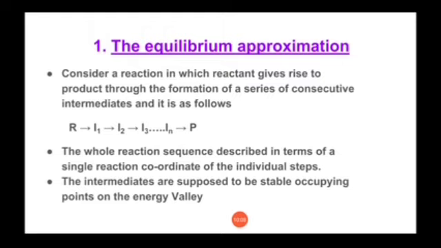Then out of these 5 steps, you have to find the slowest step of the reaction, because this slowest step is our rate determining step, and our entire rate of the reaction depends on this rate determining step.